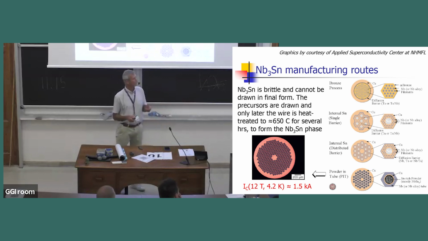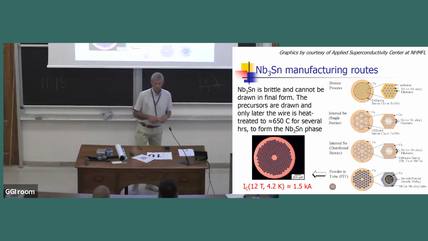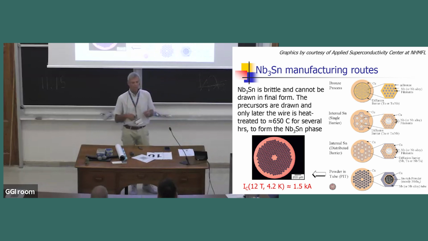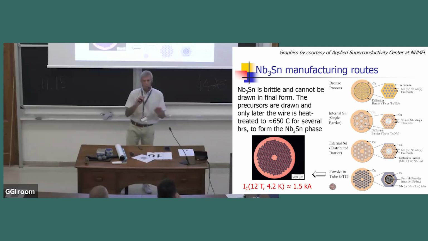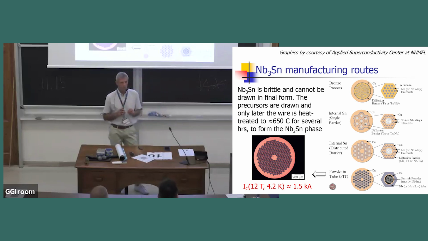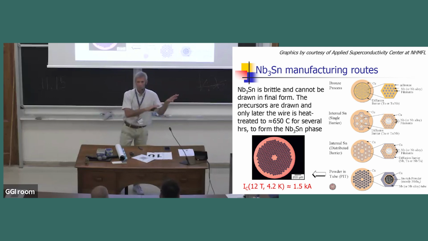Niobium-3 tin, the other LTS, which is widespread, is brittle. So if you make niobium-3 tin and then you try to wind it, it will break. I think there was a remark yesterday from Hitoshi. So indeed, it's very brittle, and you can easily break the niobium-3 tin filaments. So what is usually done is that by a different process, you actually put precursors one next to each other, bronze and niobium, or a tin source and niobium, and then you wind, and the precursors are drawn down like niobium titanium.